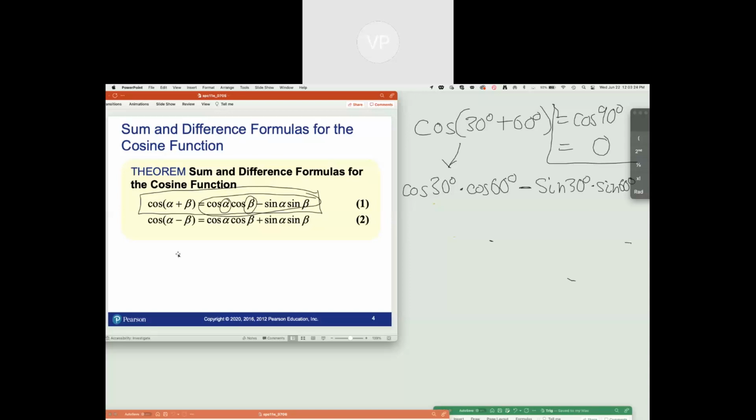That first step is just using the formula as it is. It's no different than if you have the quadratic formula and you replace the A's, B's, and C's with numbers. We're replacing all of the alphas and betas, all of the angles, into the second half of the formula.